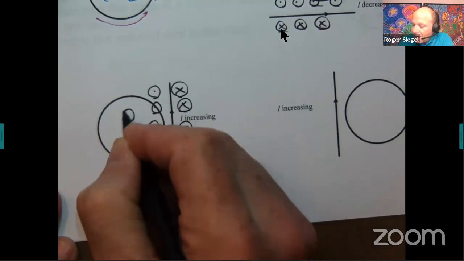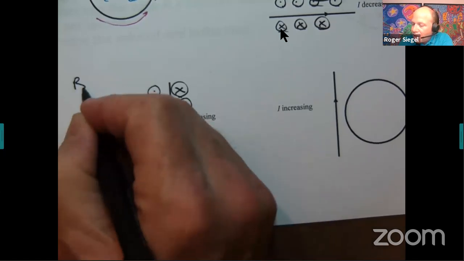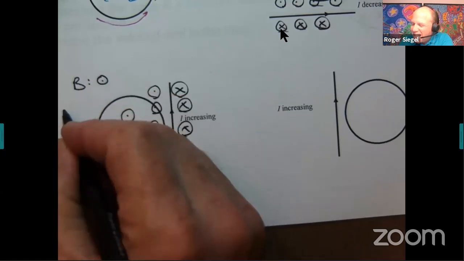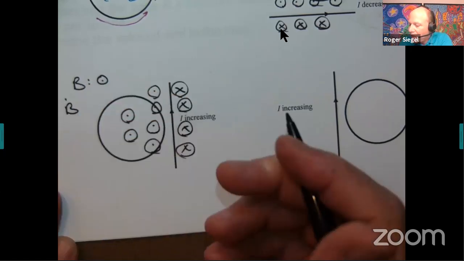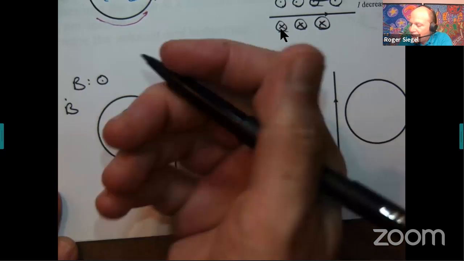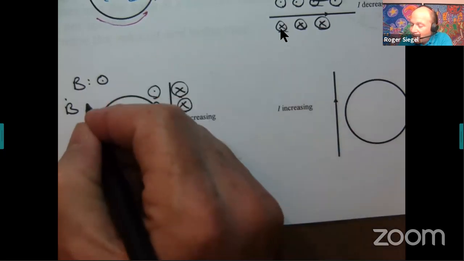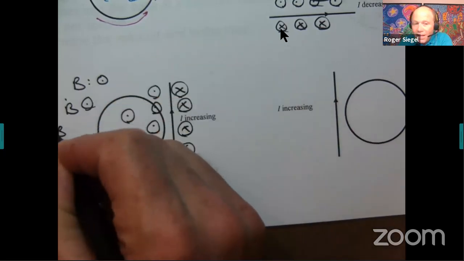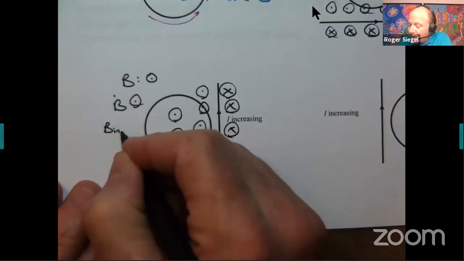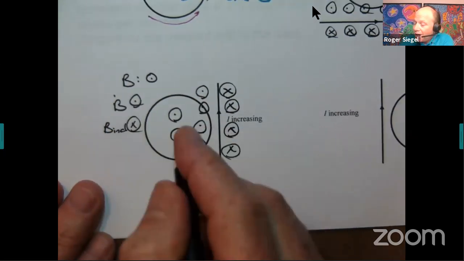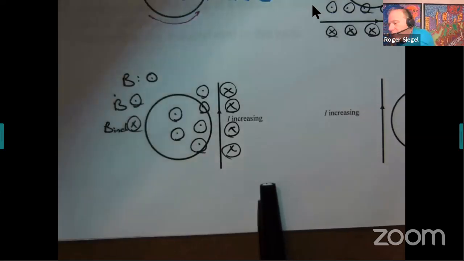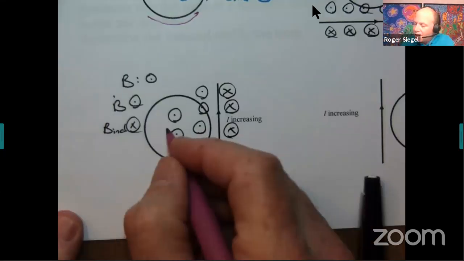And so B is out of the page. B dot, the change in B, we know that that's increasing. So B dot is out of the page, which means that B induced is into the page. And so we're going to get an induced field, that is this way.